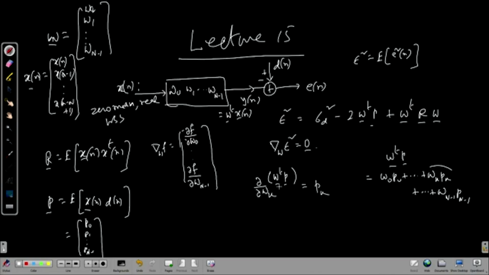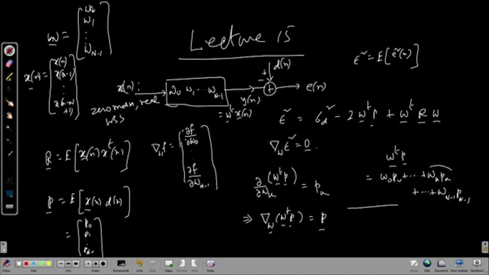If I now stack the derivatives, del W0 gives P0, del W1 gives P1, that is, the derivative of W transpose P with respect to W will be P0, P1, P2 like this, which is the P vector itself. Okay. So, one term will be minus 2 P.